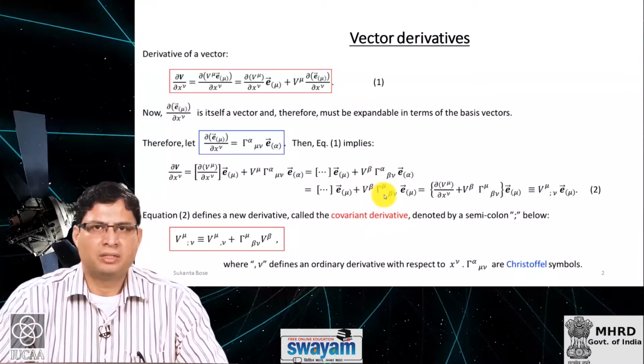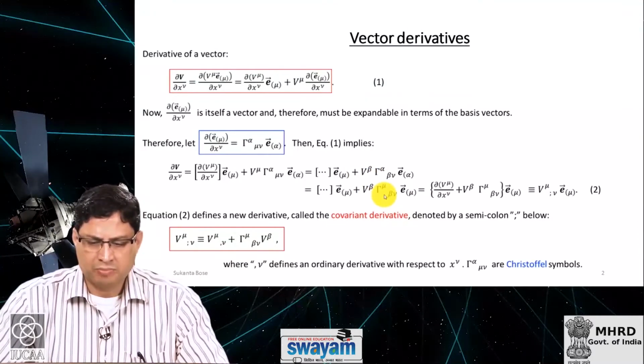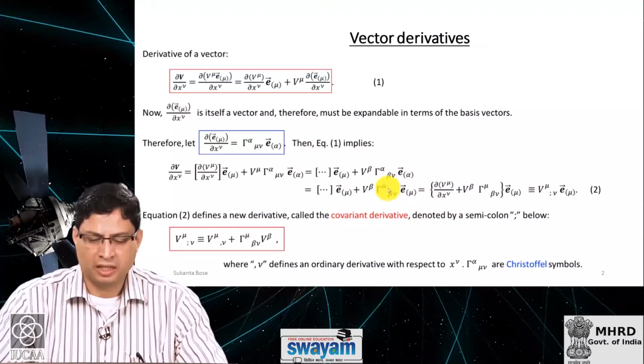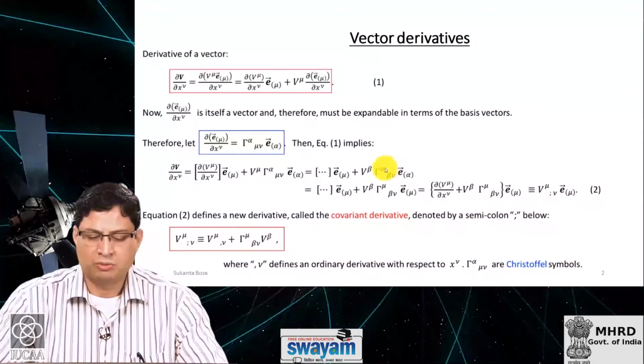So, in the third step here, I retain this sum over beta, but I replace the alpha sum with the sum over mu, and that is allowed and legitimate because alpha is a dummy index, because it is summed over using the summation convention. So, regardless of whether you sum over alpha going from 0 to 3, or in this case mu going from 0 to 3, the answer remains unchanged.